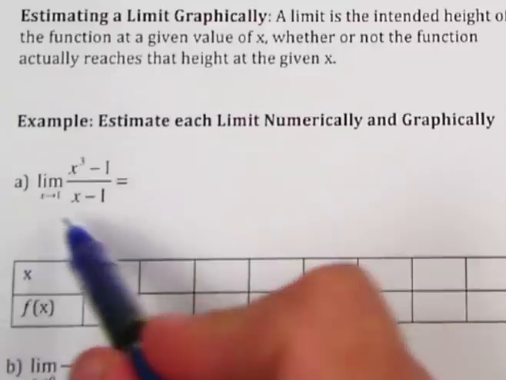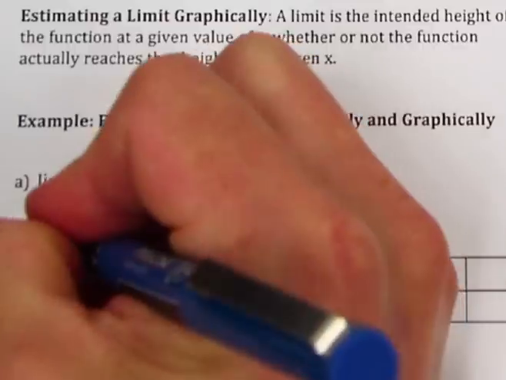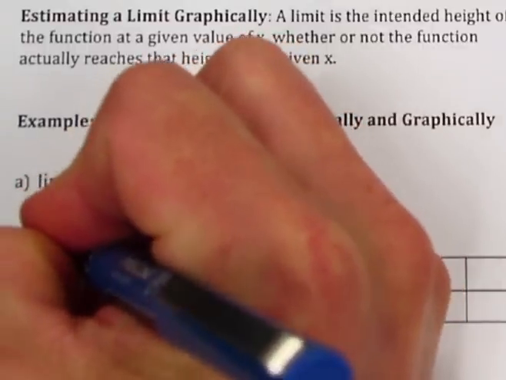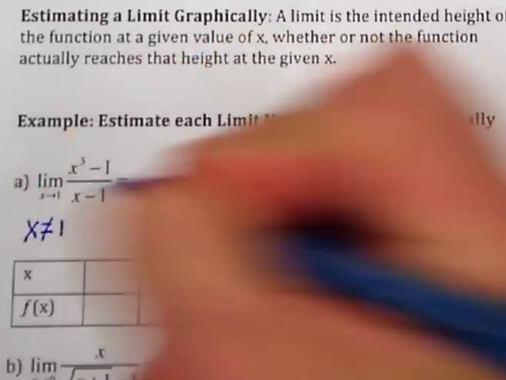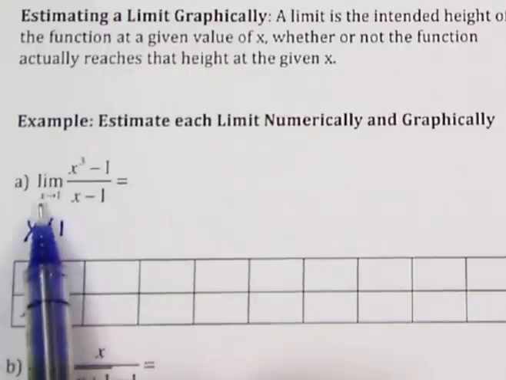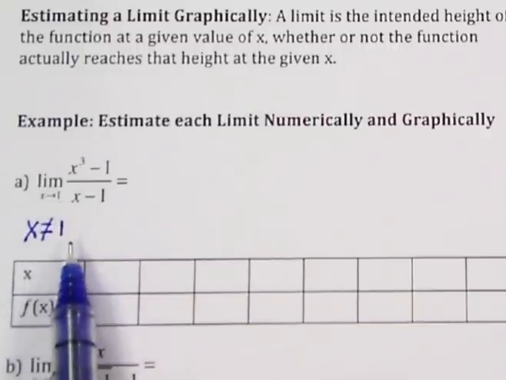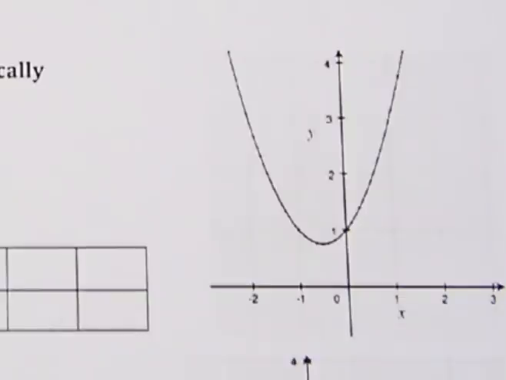Now we can see from this, when we look at the domain, that x can't equal 1. So you're going to see this a lot with limits: we say that as x approaches 1, but notice x cannot equal 1. So it's really going to force our thinking with limits here.